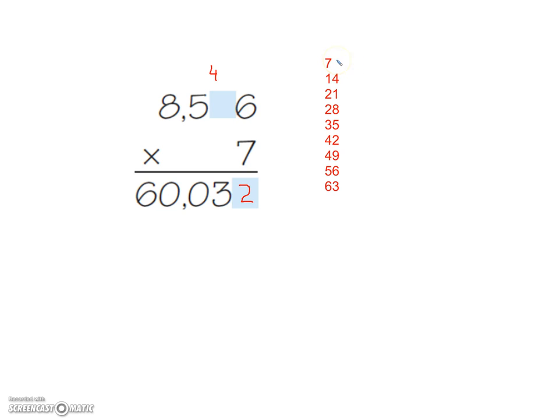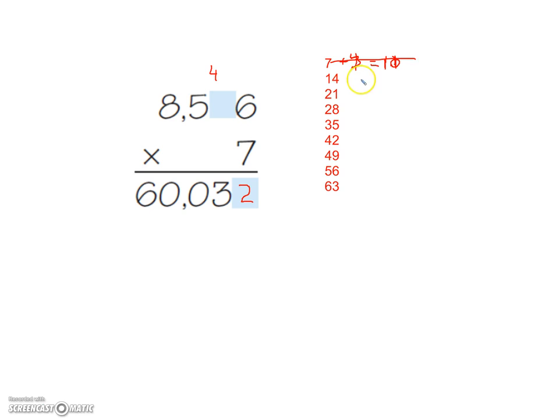So if I add 4 to these, I should end up with a number that ends in 3. If I add 4 to 7, I get 11.